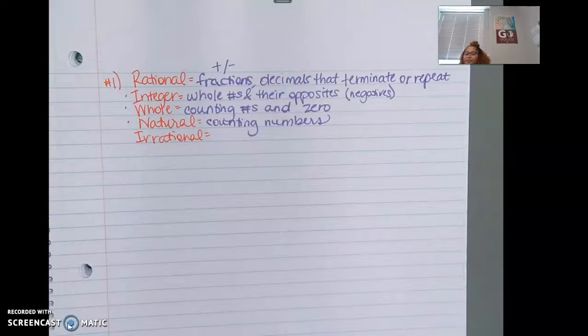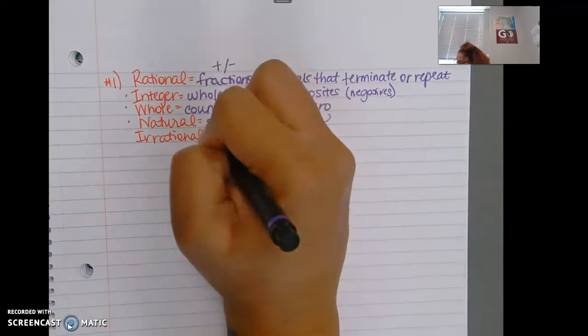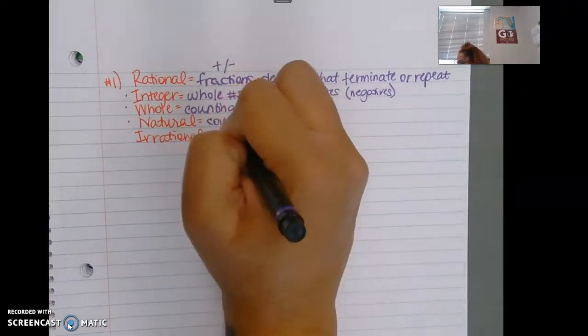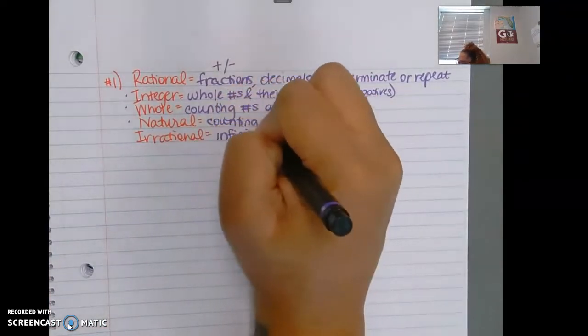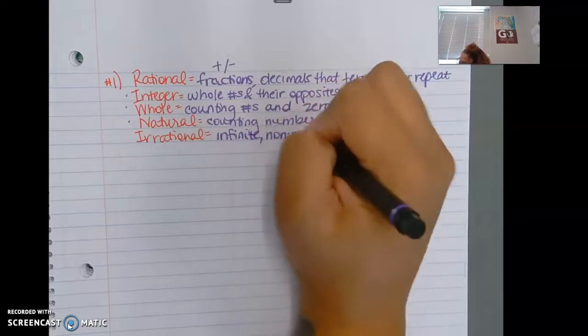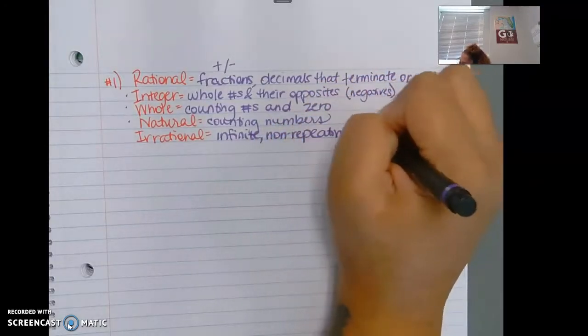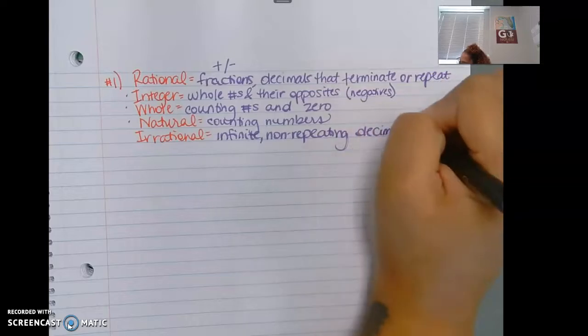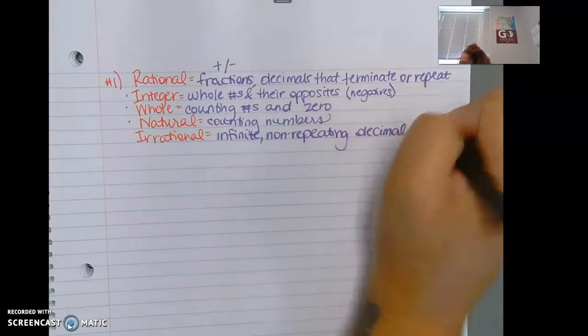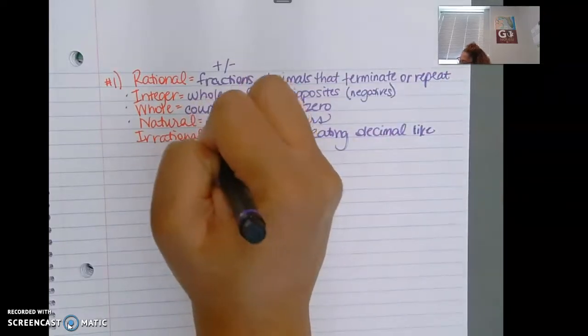What's irrational? Okay, infinite what? Decimal that what? Doesn't repeat. Good. Teamwork makes the dream work. Infinite, non-repeating, decimal, like pi, because that's what you said, right?